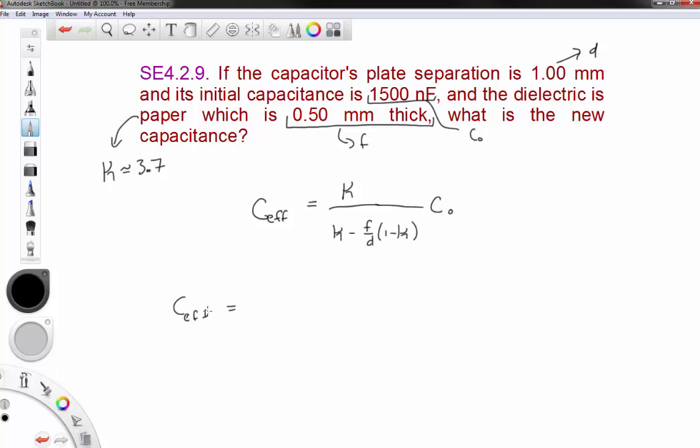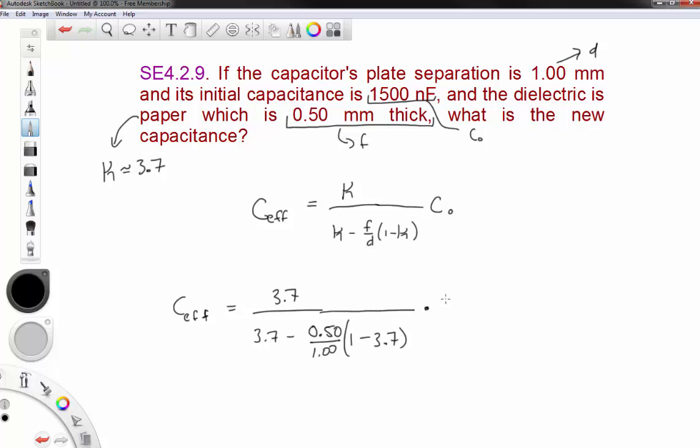C effective is equal to 3.7 divided by 3.7 minus, since these are both in millimeters, it's actually okay to leave them unitless because the units will cancel. So 0.50 over 1 times 1 minus 3.7.